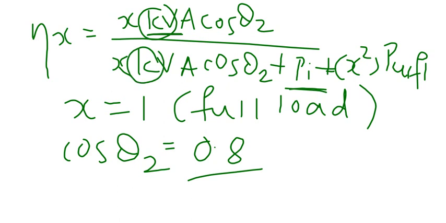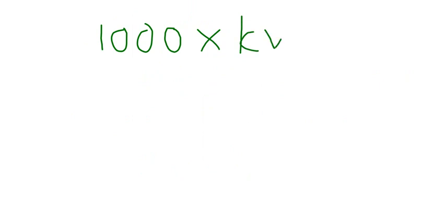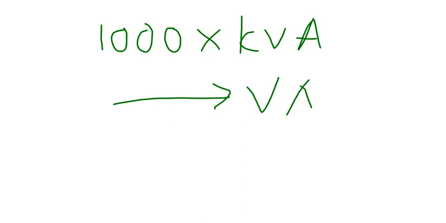Any one thing you have to do. It is normally a better practice to convert kVA into VA, multiplying by 1000 the value of kVA given. That will give you the value in VA, volt amperes. So this is one point to be noted.